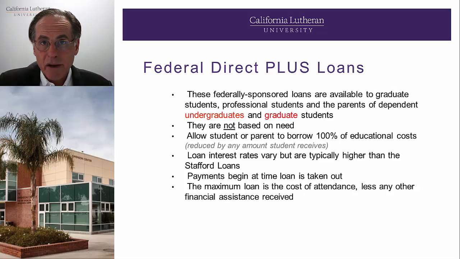The loan interest rate varies, although the rate is typically higher than for the Stafford loans. There is no grace period on interest payments, and payments are not deferred until after graduation. Payments begin at the time the loan is taken out.